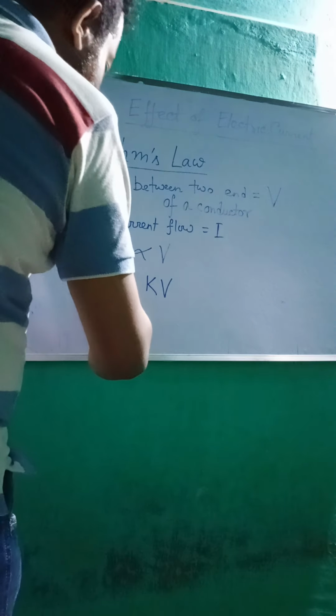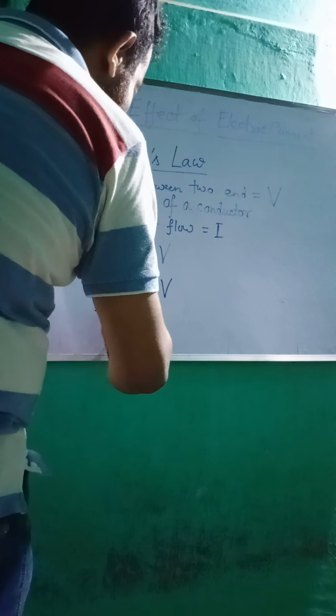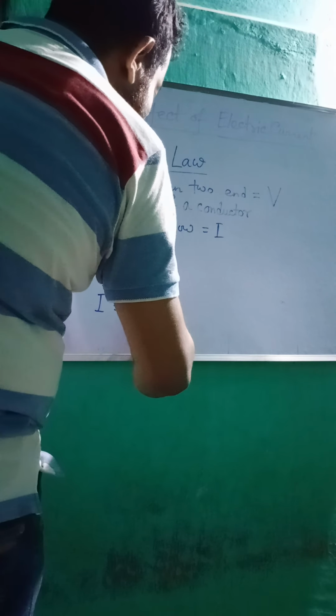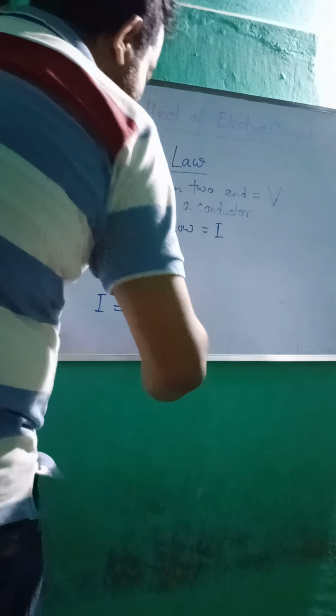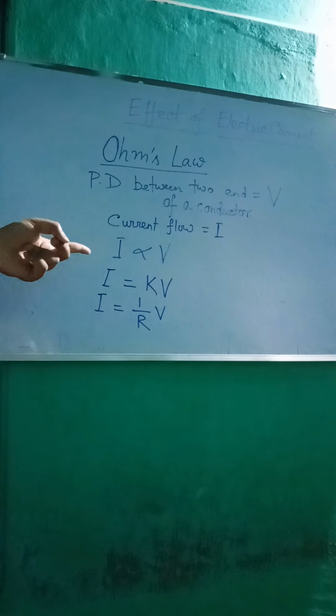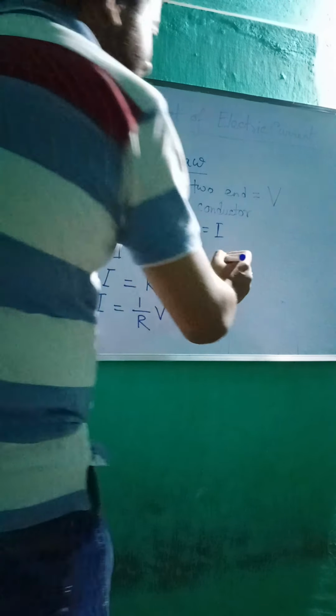So from here we can write I is equal to 1 by R into V. Now one question, what is 1 by R? Remember these things: K is equal to 1 by R.